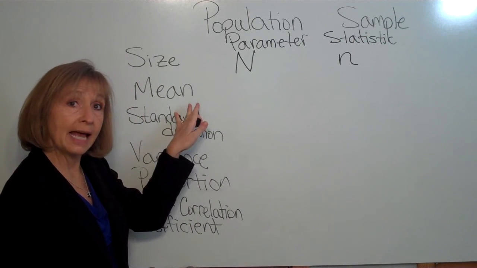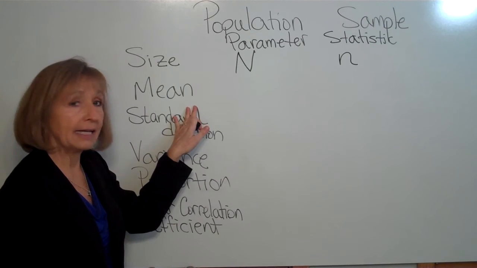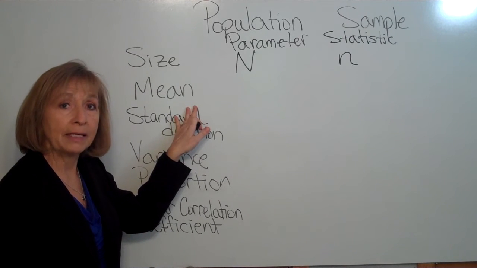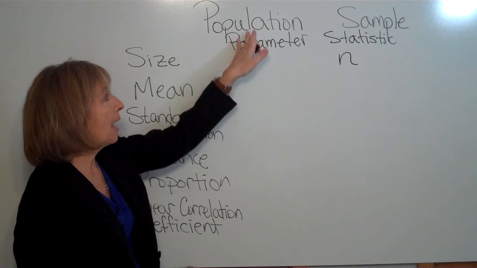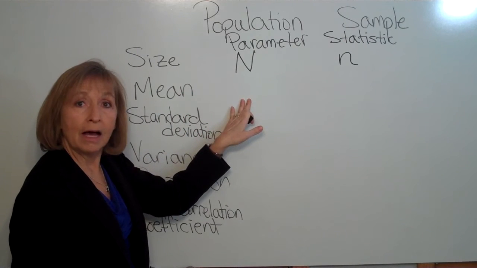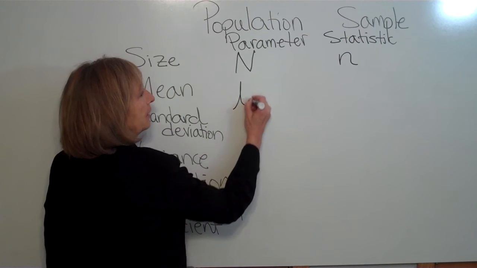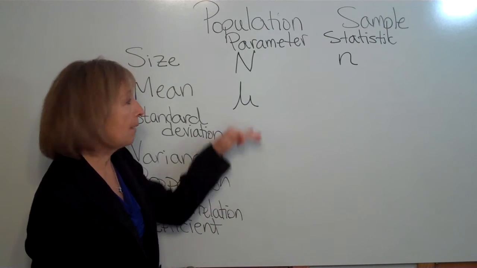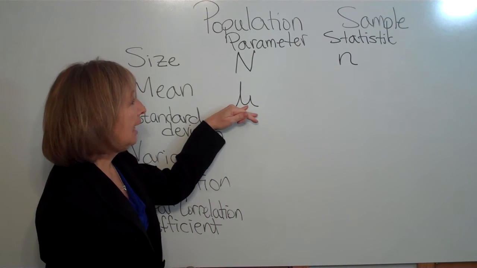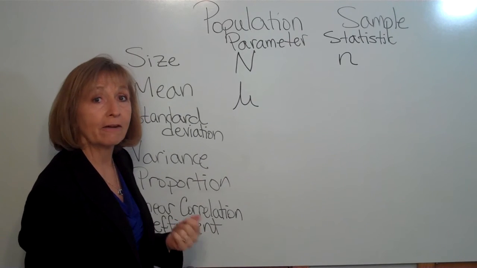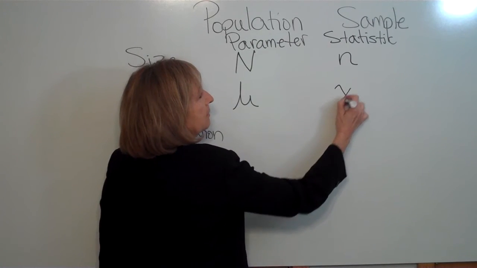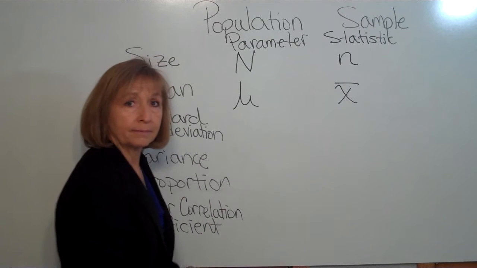Now, if you have the entire population and you're adding together the values and dividing by how many you have, then that's a population parameter with the mean. And so they use the Greek letter mu for the population mean. And for a sample statistic for the mean, the symbolism is x with a bar over it.